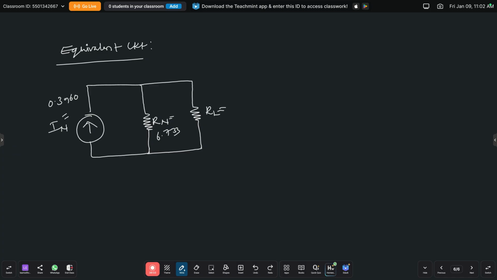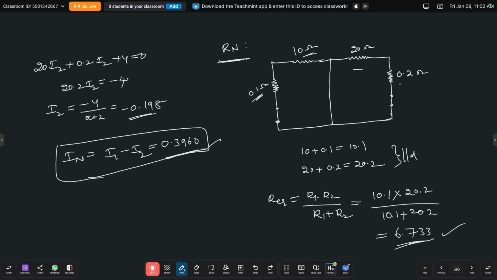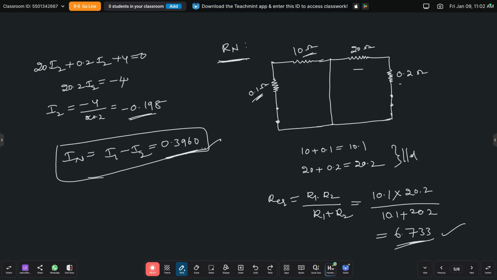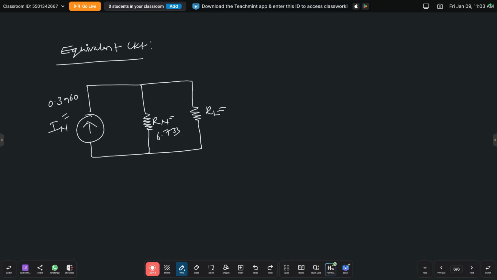And what about RL? Already we discussed in the previous theorem, RL is where we need to find. Here in the question, they are asking to find the current through the 5 ohm resistance. So this 5 ohm resistance is the RL, the load resistance. So here RL is equal to 5 ohm. So this is the equivalent circuit.